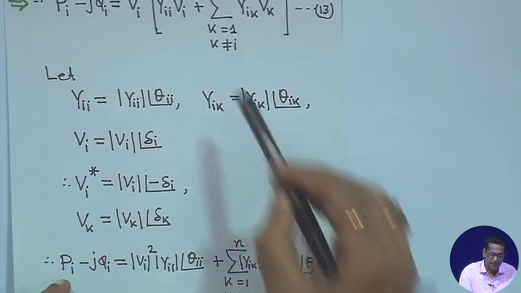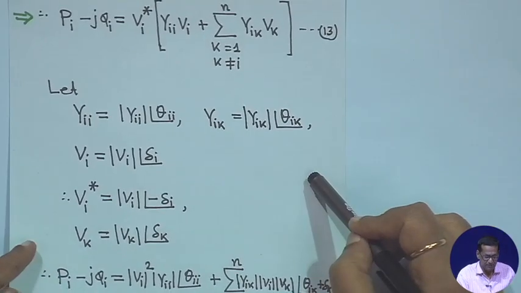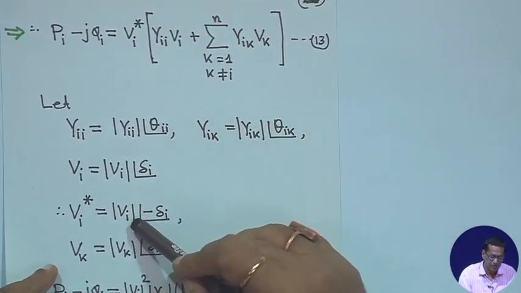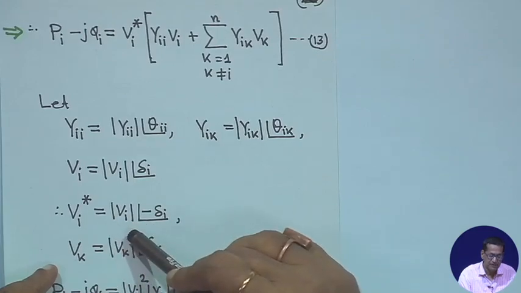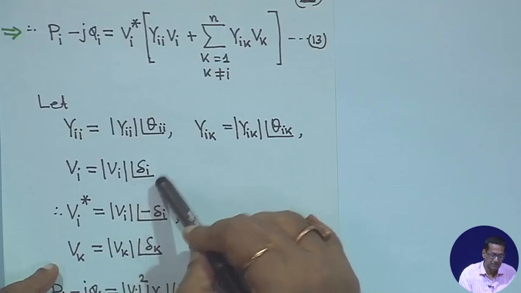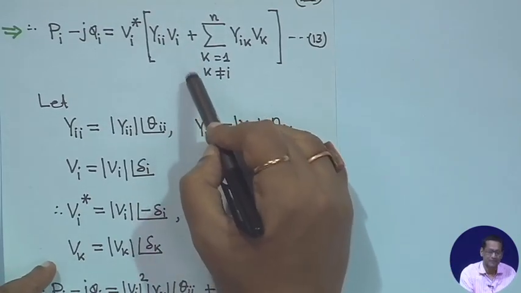All these values, Y_ii, V_i, V_k, you can substitute here, and please simplify this one.